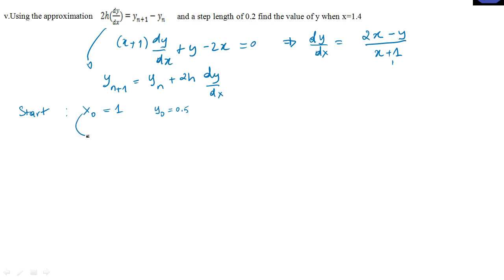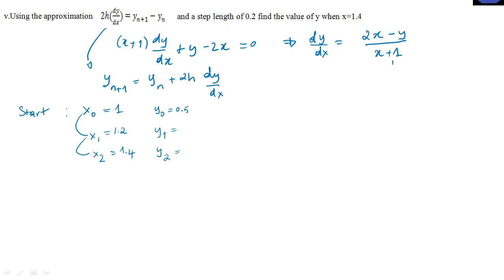Then we're going to increment this because we said the step length is 0.2, so the next value for x is going to be 1.2, and then we'll increment this again to get 1.4, and we find the corresponding y's, that's y1 and y2 for that.